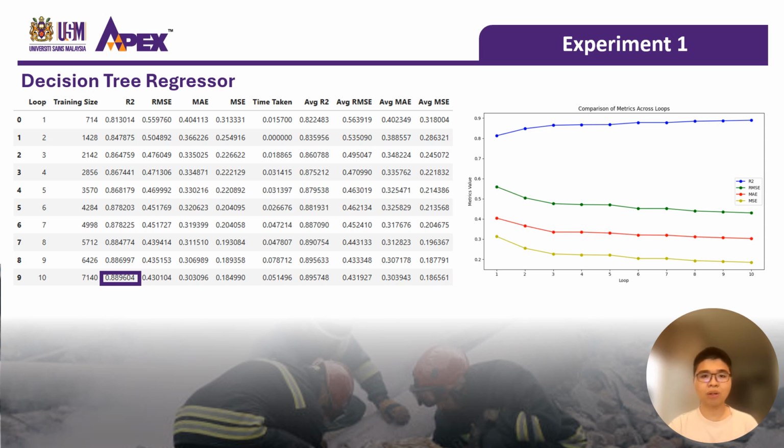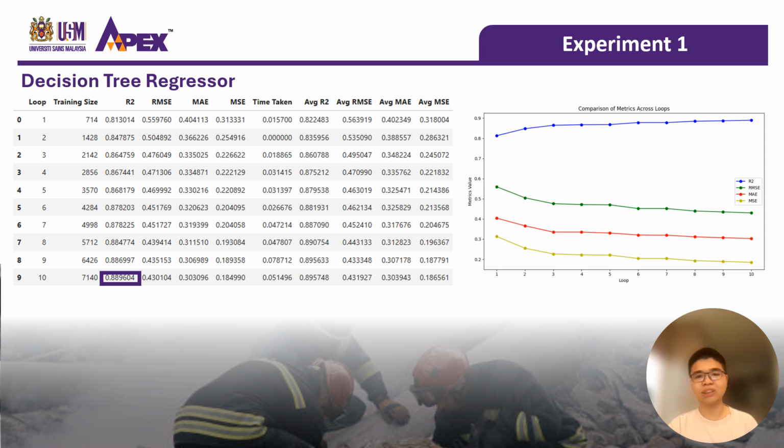The next column is the training size, indicating the number of samples used in the experiments, followed by the performance metrics. R2 is our primary score metric, and then RMSE, MAE, MSE, and also the time taken for the experiments. The last 4 columns display the cross-validation result with CV equal to 5.